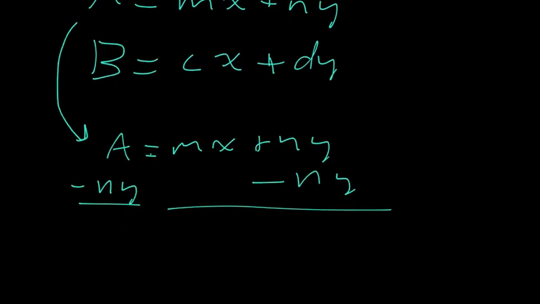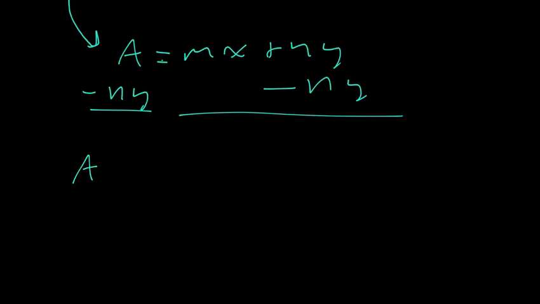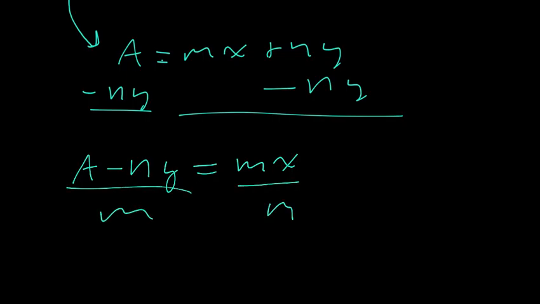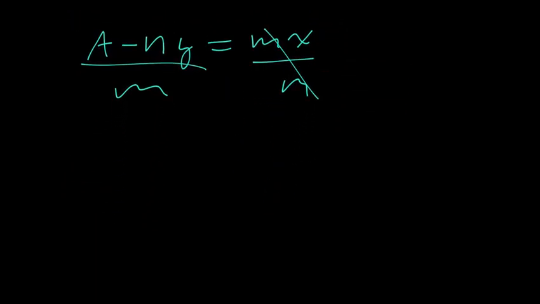And then we're going to have a minus ny equals mx. Now I'm going to divide by m on both sides. So these m's are going to cancel, and we're left with x equals a minus ny all over m.